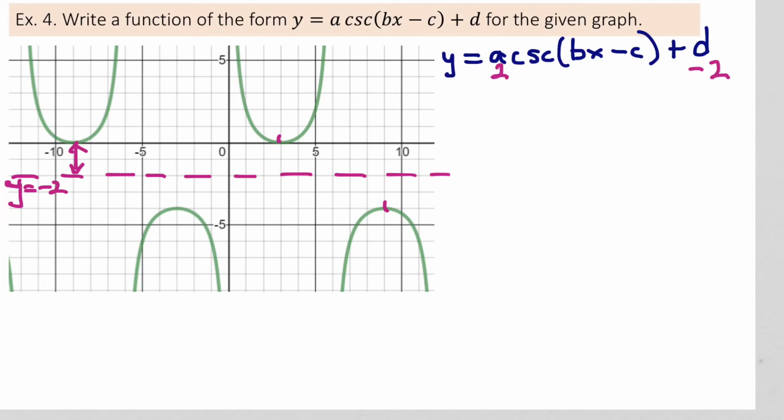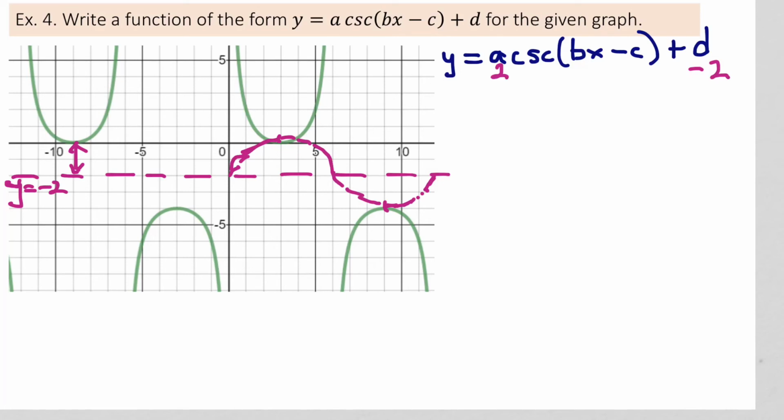So this should be 3 to here, and then 3 to where it crosses, and then 3 to here, and then 3 to there, it's off the graph a little bit. So that's one period there. It looks like our period is from 0 to about 12. It's a little hard to read that, so it looks like it's 12.